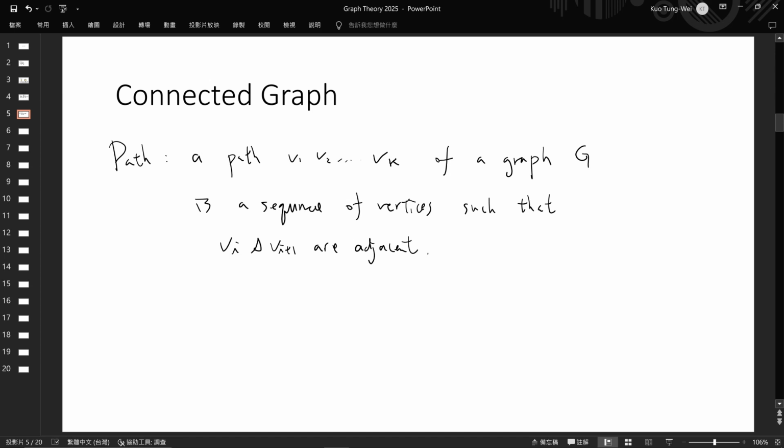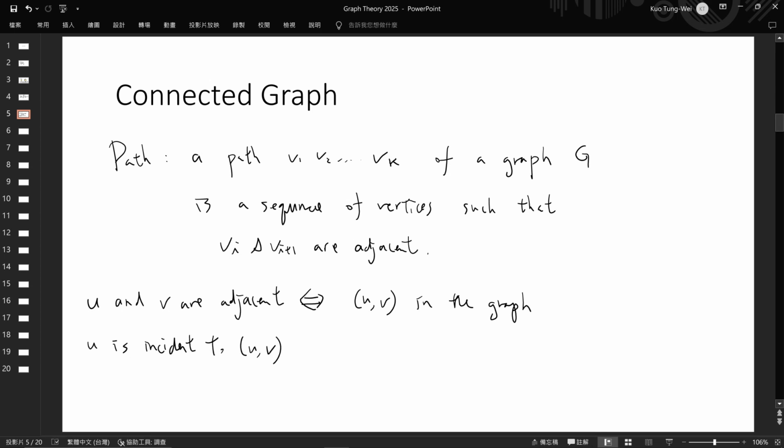Sometimes I'm going to say u and v are adjacent. This means there's an edge between u and v in the graph. Sometimes I may also say u is incident to some edge uv.